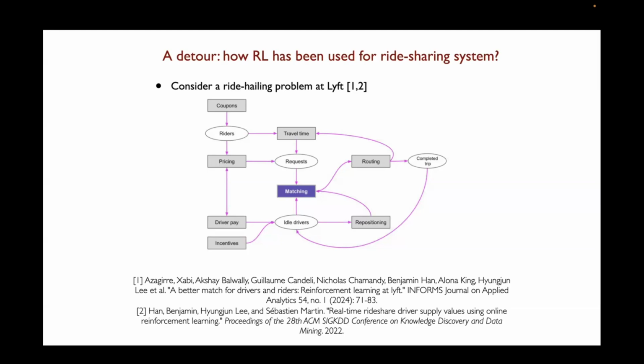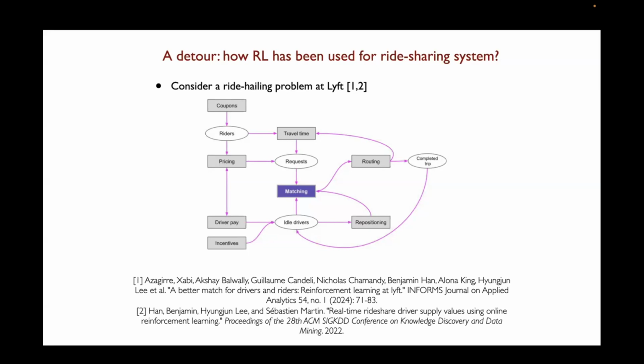In the system there are many drivers, some available and some not, and the system has to decide which driver picks you up. So there is a matching problem, which you can also call a scheduling problem. Once it has decided which driver comes to pick you up, you then need to solve a routing problem. To make the problem even more complex, there is also a pricing layer that is very important to Lyft and Uber.